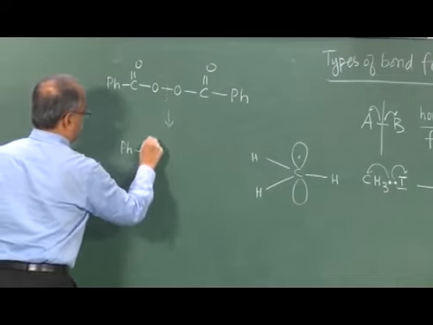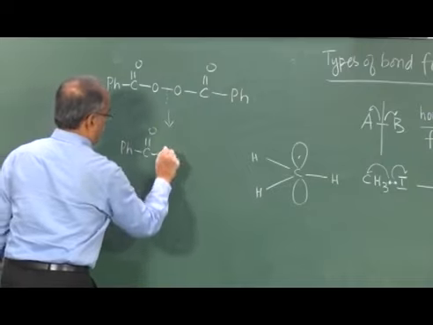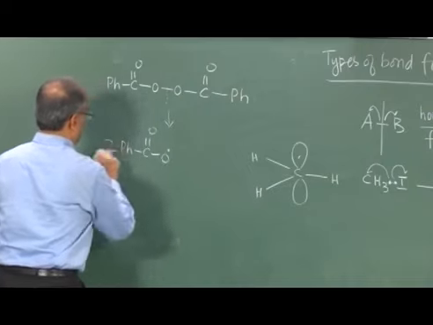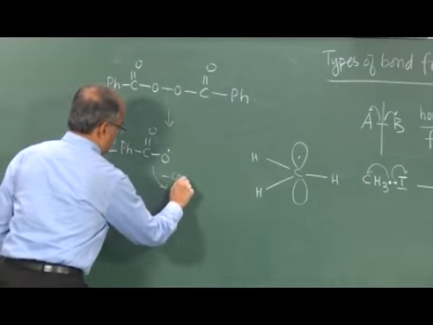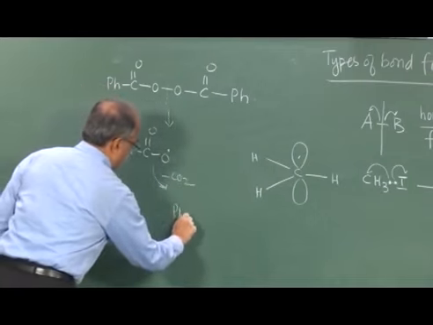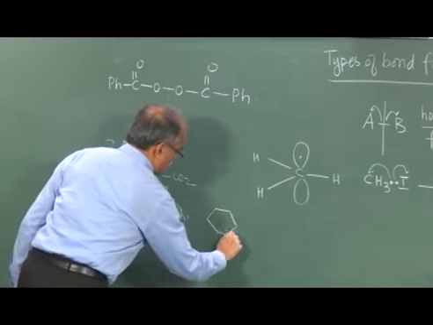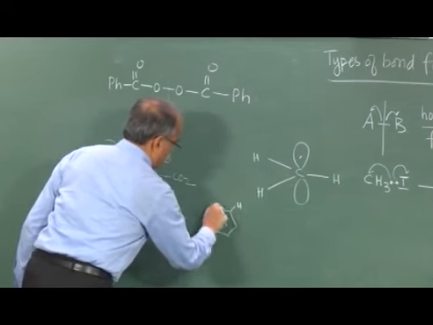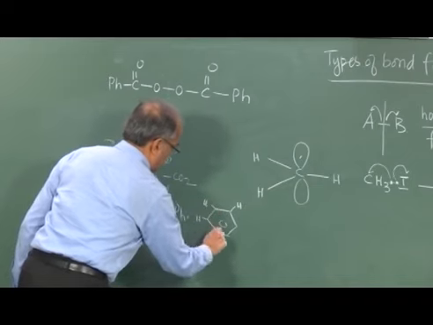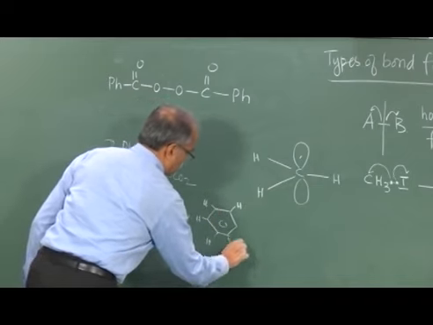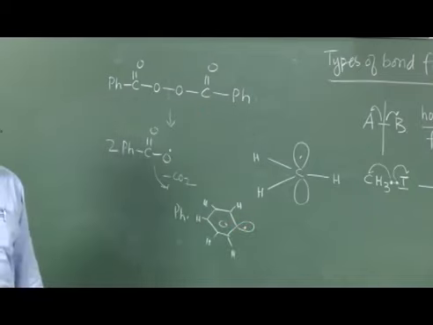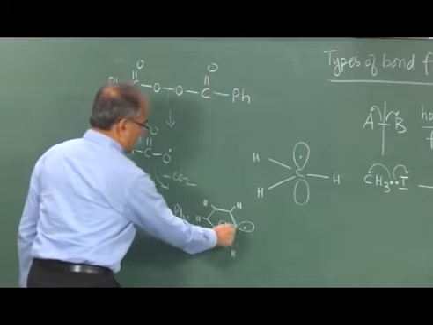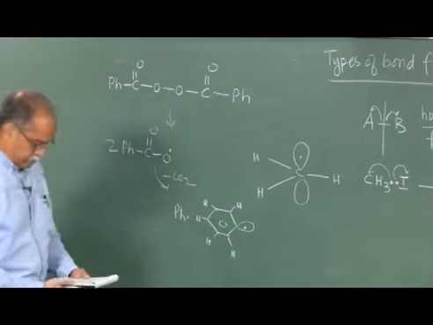It can produce 2 carboxyl radicals, from which of course carbon dioxide can go. A phenyl radical can be produced. In other words, a phenyl radical is one where you have 5 hydrogens on the benzene ring, and one of the carbons has a radical. That orbital is shown in the form of a dumbbell here, and this is a phenyl radical.